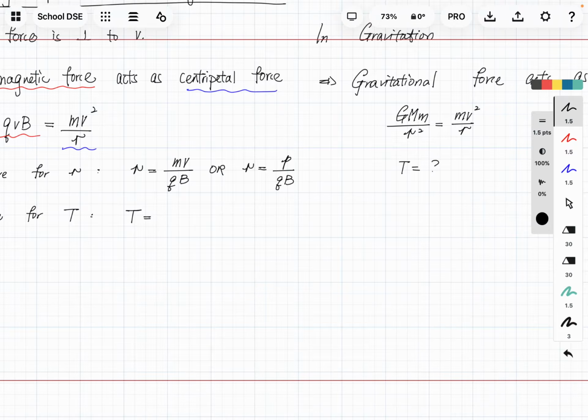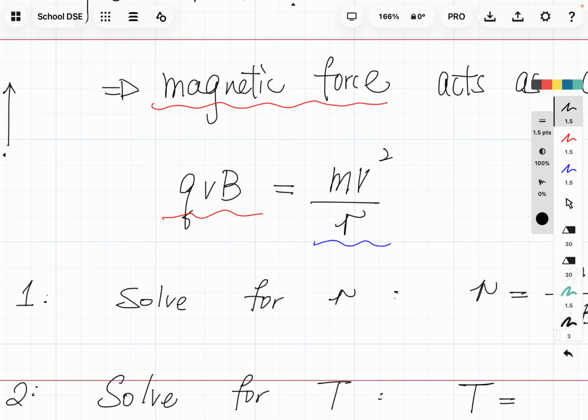However, if theta equals 90 degrees, then you have minimum, or in fact, we should say 0 linkage. You can think that the coil cannot link to the field lines. It's not even going through it. So this intuitive understanding is quite important if you want to fully understand the magnetic flux linkage.